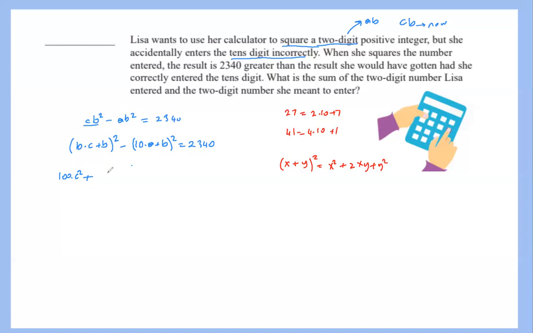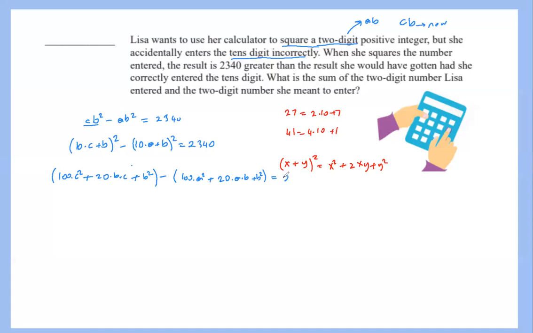So 10C times B is 10BC, doubled, you will get 20 times B times C. Plus, you are going to square the second term, which is B squared. Okay, it's getting a bit messy, but it will be clear soon, I guess. If you do the same thing, you will get 100 times A squared, plus 20AB, plus B squared.